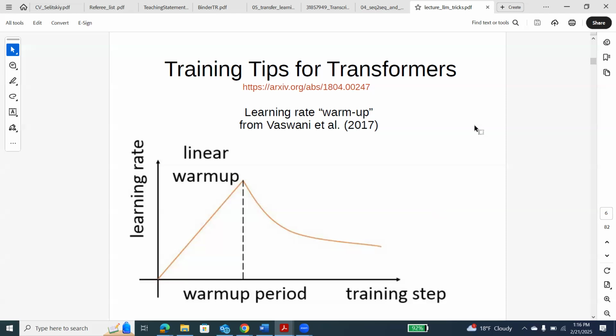And typically we decrease our learning rate, for example, after 10 steps, decrease by 10, or whatever. So there are different parameters. It was noticed that for large language models, it's a good practice to increase, not decrease, the learning rate, and only after some period of increasing, start to decrease it.